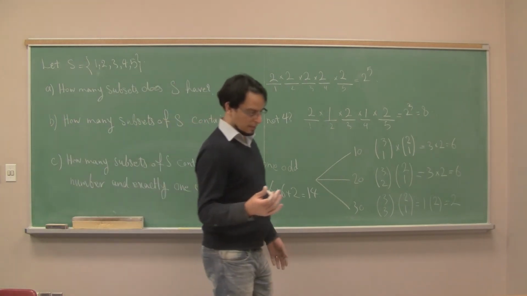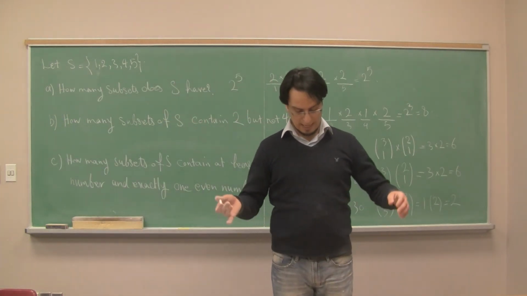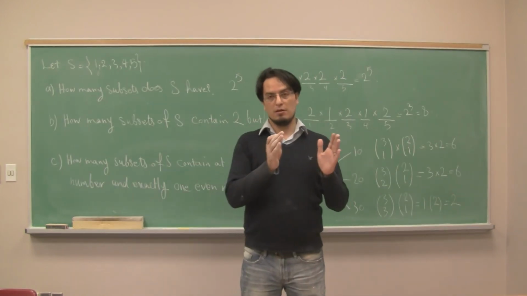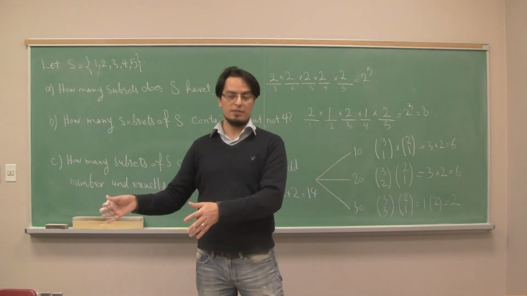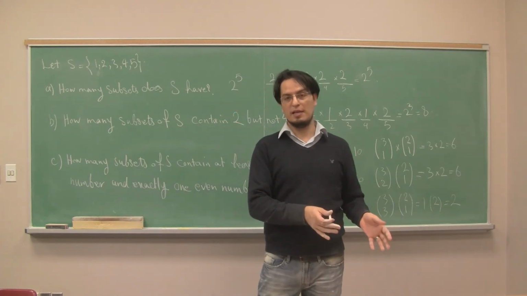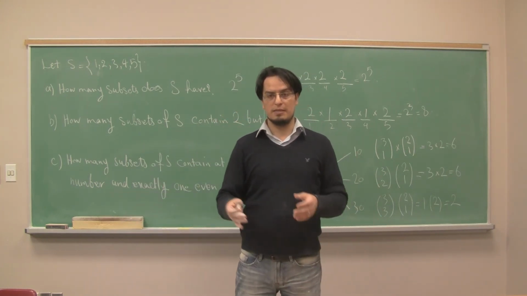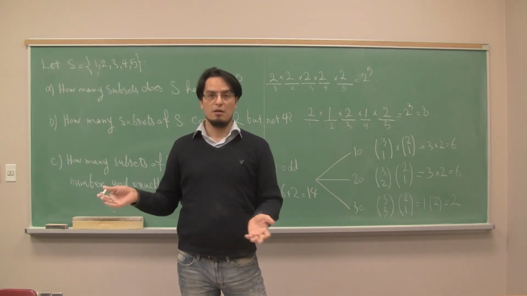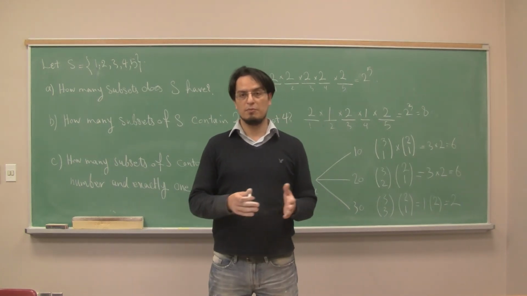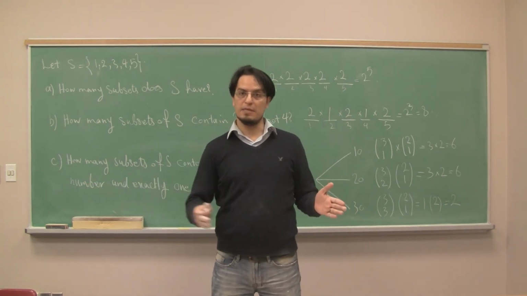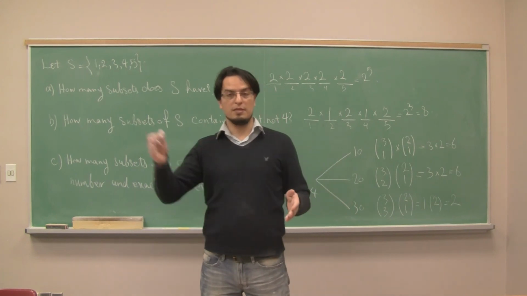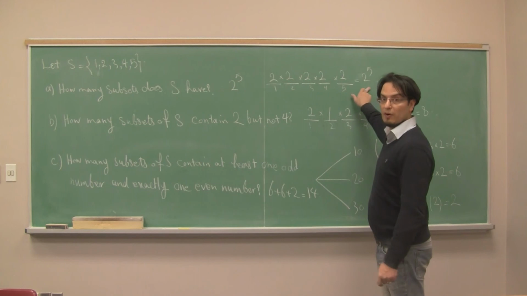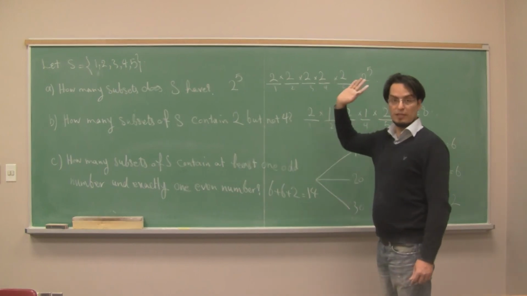Again, the fundamental counting principle says that if you have part A, part B, part C, and you can do part A in R different ways, part B in T different ways, and part C in S different ways, the number of ways you can do the whole A, B, C is R times T times S. We used it here to find 2 to the power 5, the number of subsets without any condition.